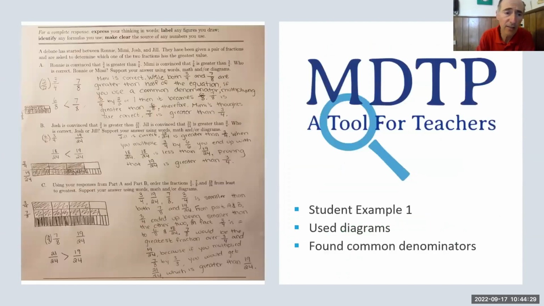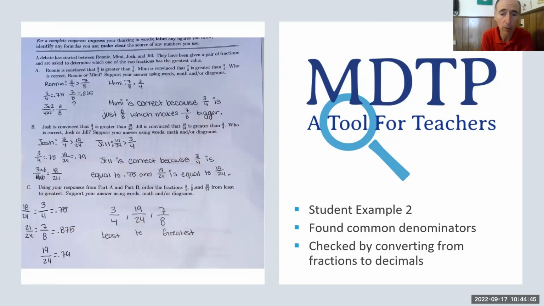And then you can see, for example, an example of a student who answered using diagrams. They found common denominators, and then they used diagrams to show that some numbers are bigger than others once you convert to common denominators. Here's another example of a student who also found common denominators, and then converted to decimals to compare the fractions.